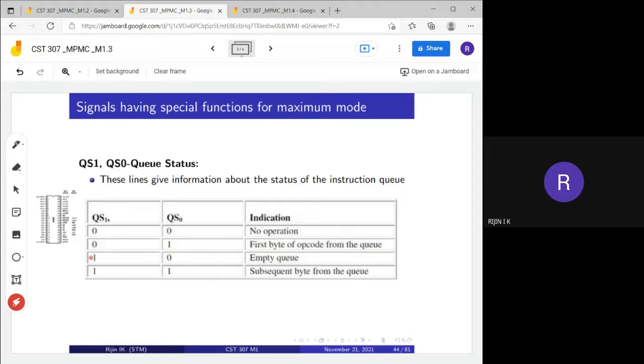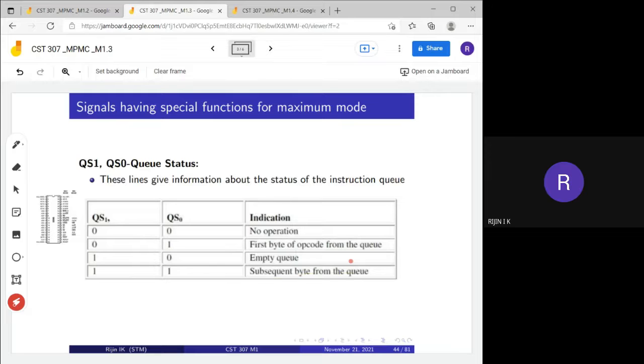If QS1 is equal to 1 and QS0 is equal to 0, the queue is empty, meaning no instructions are stored in the instruction queue. Then the last status, 1 1, that is QS1 equal to 1 and QS0 equal to 1, means it is fetching the subsequent byte from the queue.